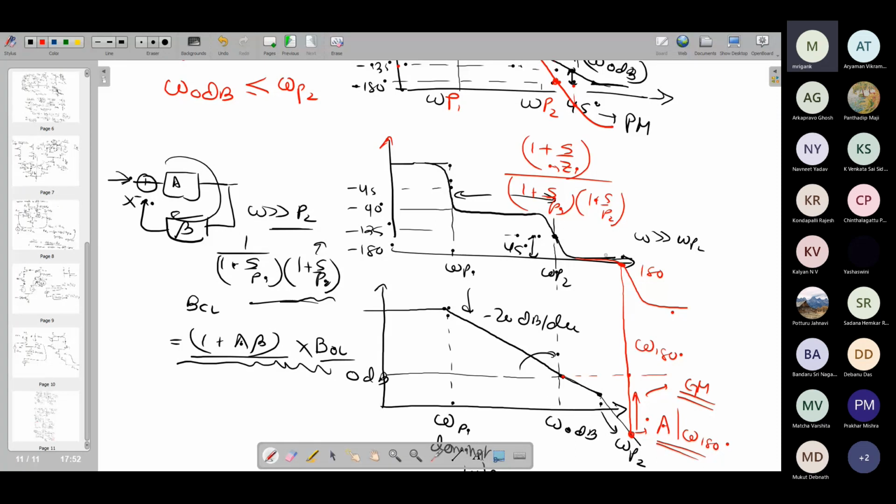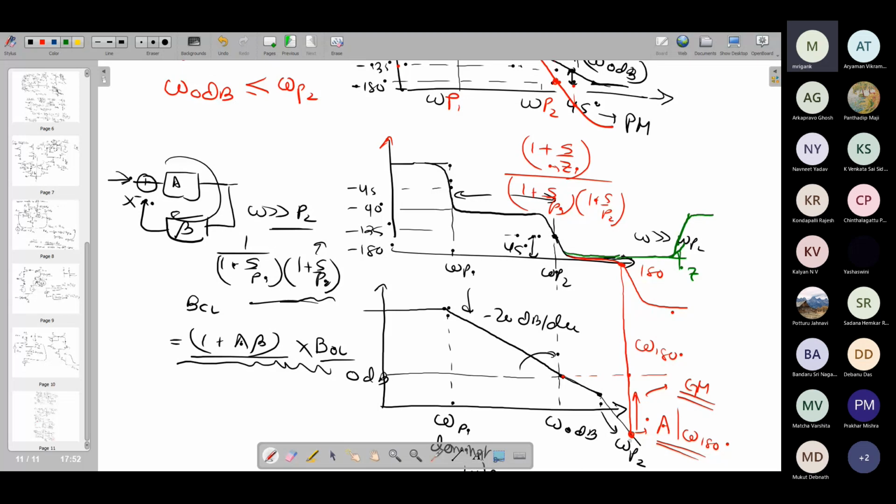So in this case, what will happen? Let me choose another color, maybe this one. Suppose you get a zero here. The phase will again go up, and much beyond zero, it will become 190 degrees once again.